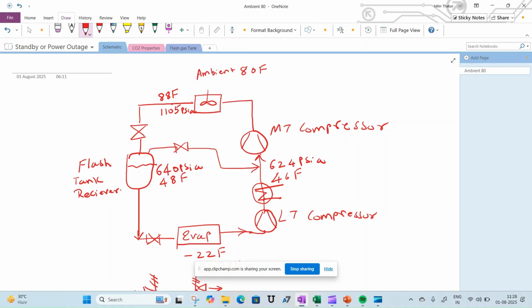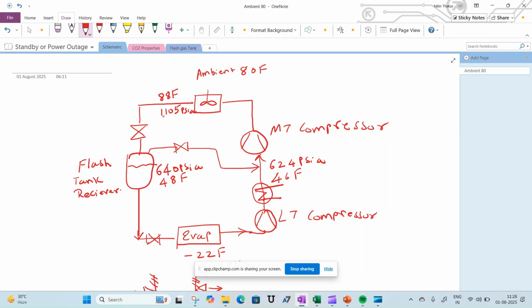And the outlet of the MT compressor then goes to the gas cooler. Currently, I have considered 80 degrees Fahrenheit as my ambient temperature, and I have considered a delta T between the ambient and the outlet of the gas cooler of almost 8 degrees Fahrenheit, or let's just say 4 degrees C, 4 Kelvin.